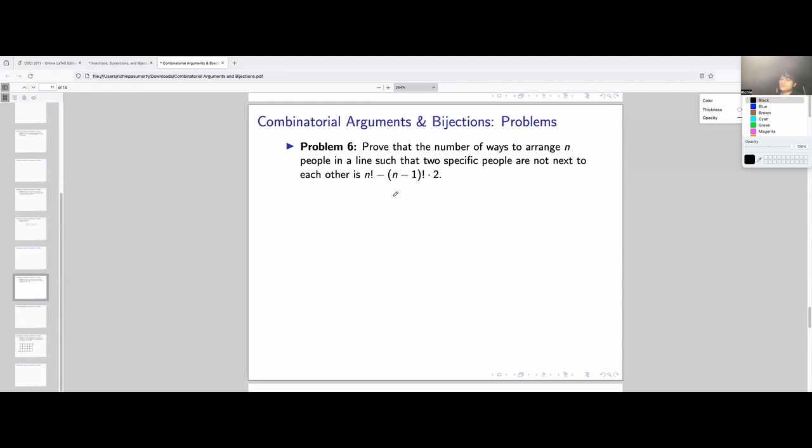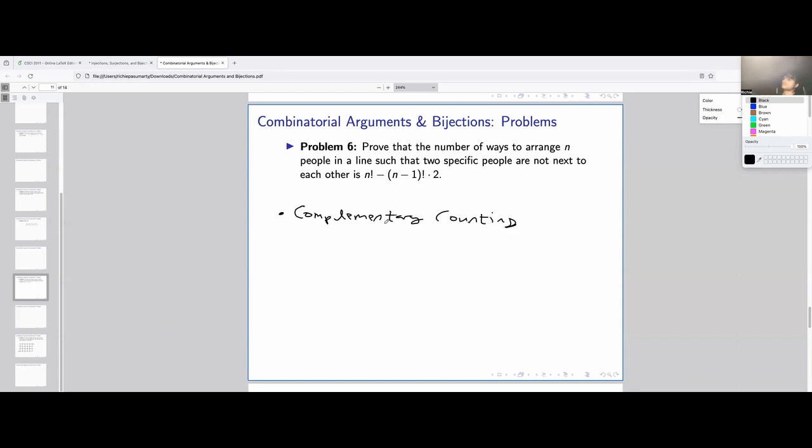I'm not going to write the solution for this, but I'll give you two hints. This is an example of complementary counting, and if you don't know what this is, you can look at one of my previous videos where I talk about it, or look it up on the internet.